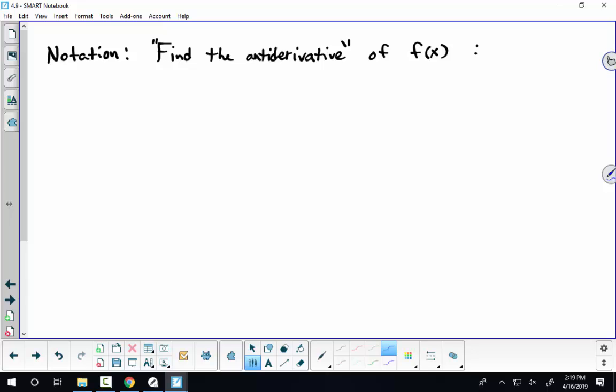Okay, so let's talk about the notation moving forward for the antiderivative. The instructions typically don't say, maybe when you first start out, but instead of find the antiderivative of f of x, our notation is going to be this elongated s with f of x and a dx.